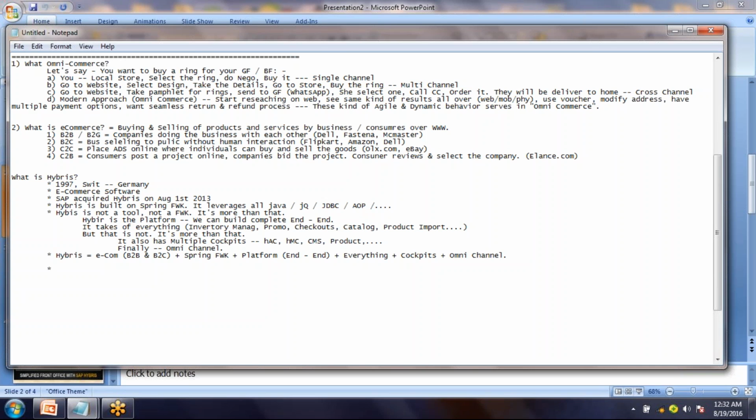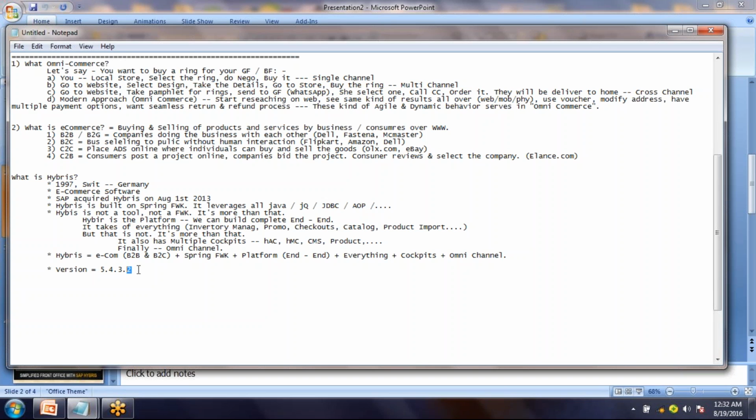Next, how about the versions? If you take a Hybris Commerce version, it will be like this, let's say 5.4.3.2. It has four digits: first, second, third and fourth.